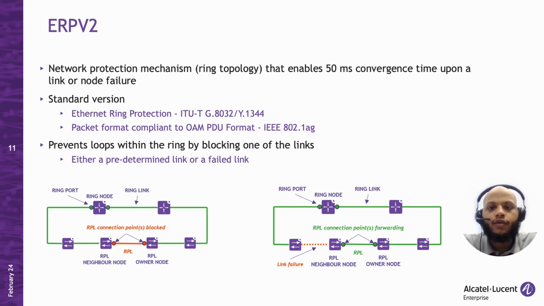The coordination of ring protection actions on all nodes is handled by a protocol called RAPS, or Ring Automatic Protection Switching. So ERP is a standardized protocol. It's defined in the ITU-T G.8032 standard, and it's used to protect against network failures and minimize service disruptions.